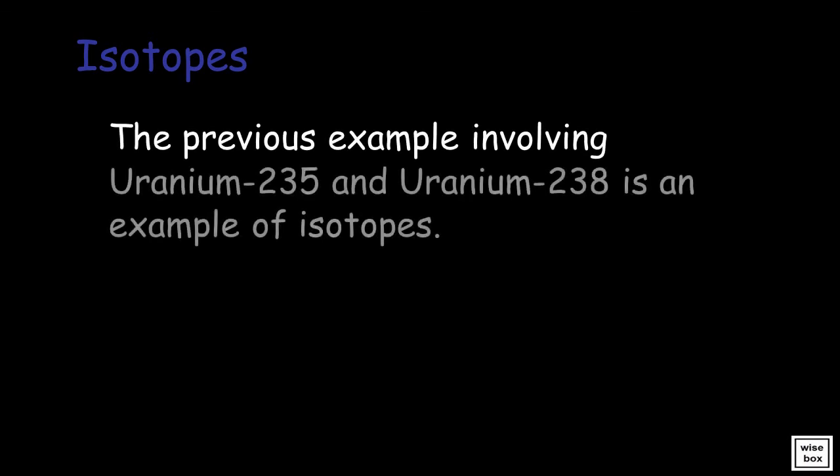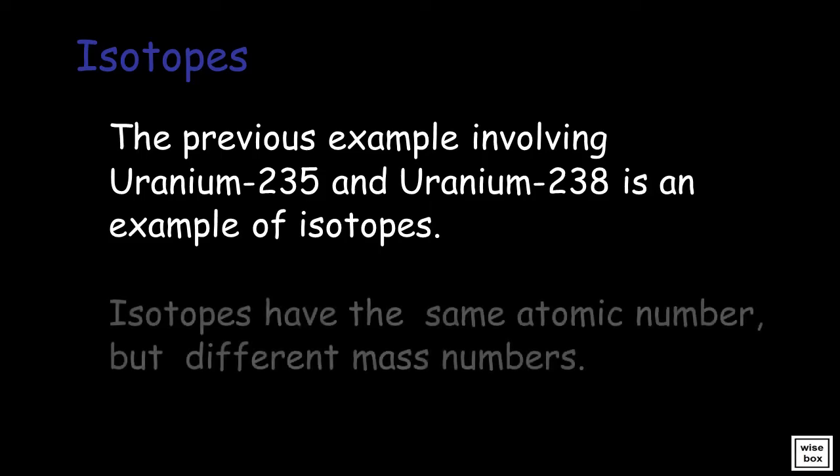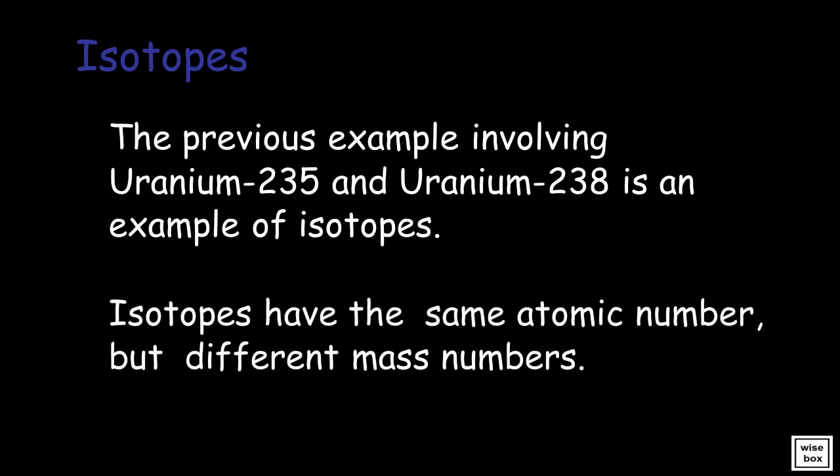The previous example involving uranium-235 and uranium-238 is an example of isotopes. Isotopes have the same atomic number, but different mass numbers.